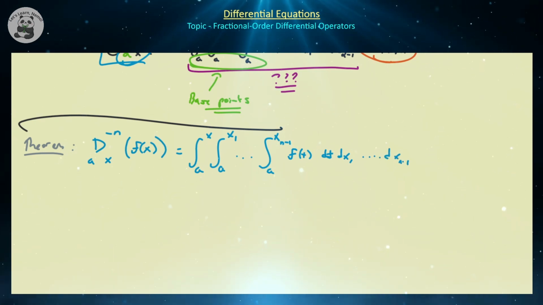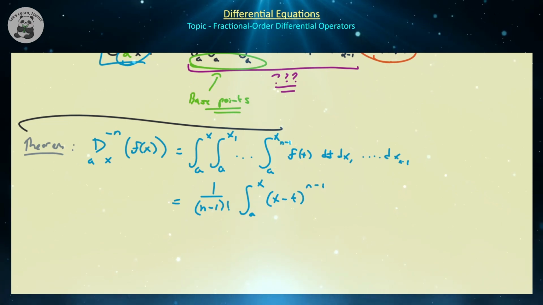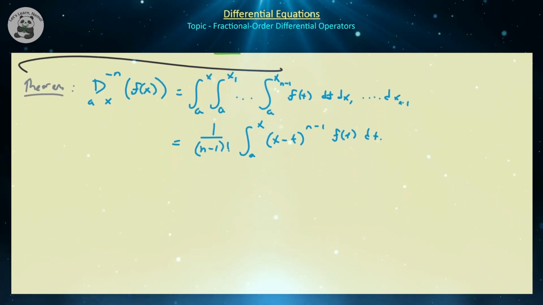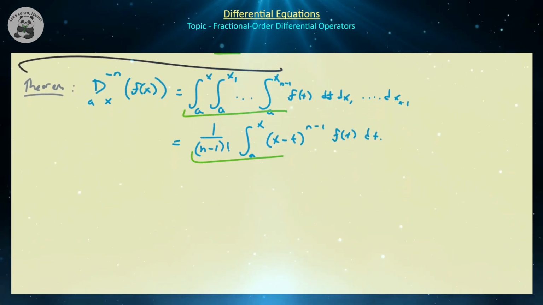This is actually just equal to 1 over m minus 1, the quantity factorial, integral from a to x, of x minus t to the m minus 1 f of t dt. And you're like, so repeated integral is just a single integral in disguise with a couple little functional modifications? Indeed, yes. At least that's what this theorem says.